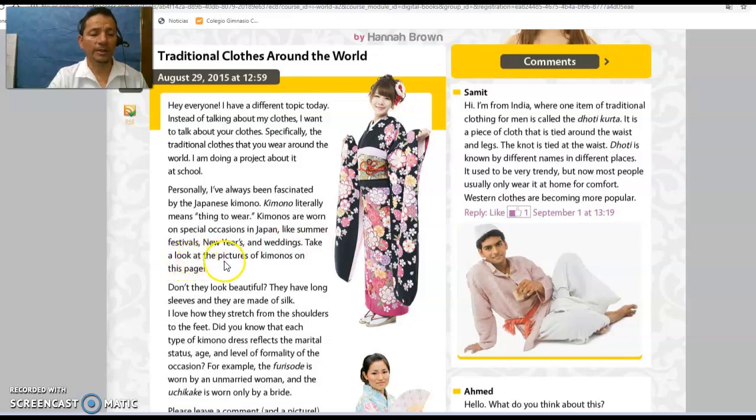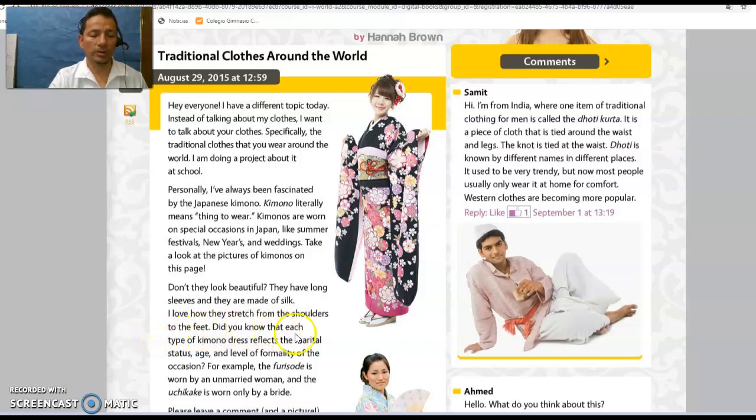Take a look at the picture of kimonos on this page. Don't they look beautiful? They have long sleeves and they are made of silk. I love how they stretch from the shoulders to the feet.